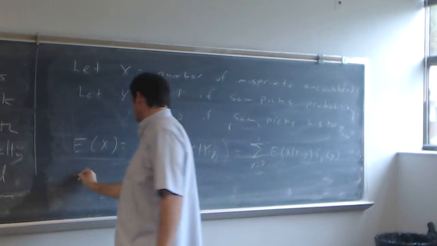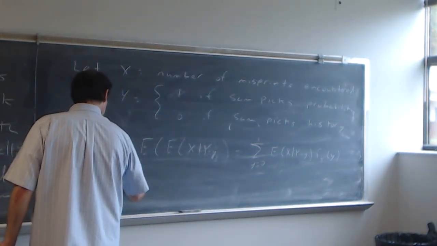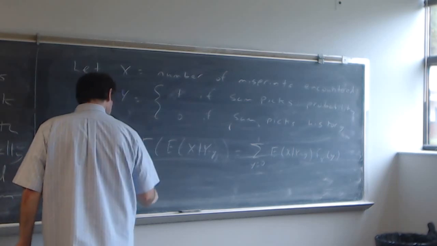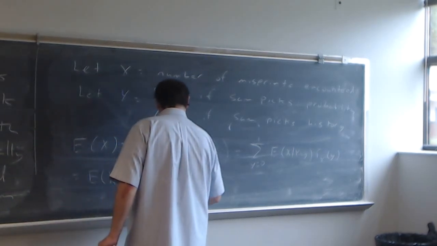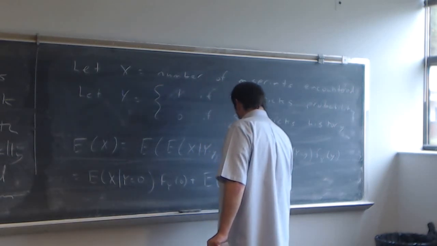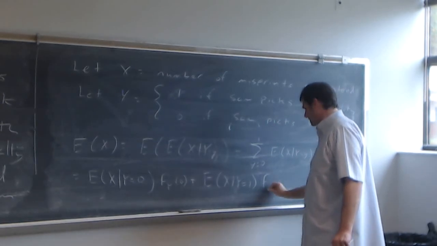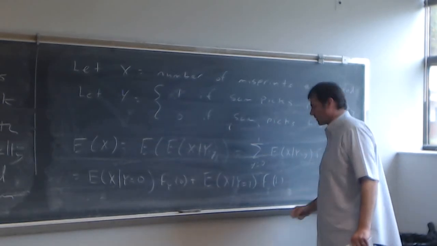And so that's equal to the expected value of x given y equal to 0 times f sub y of 0, plus the expected value of x given y equal to 1 times f sub y of 1. Okay.